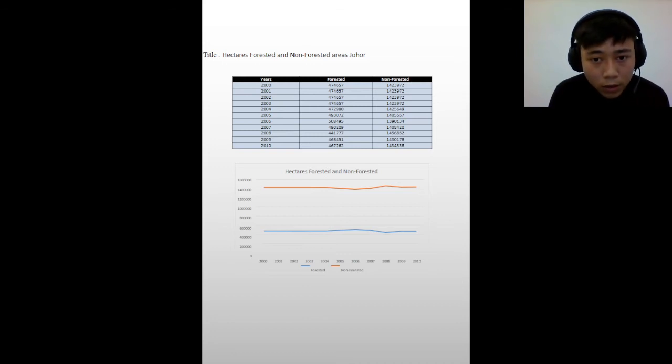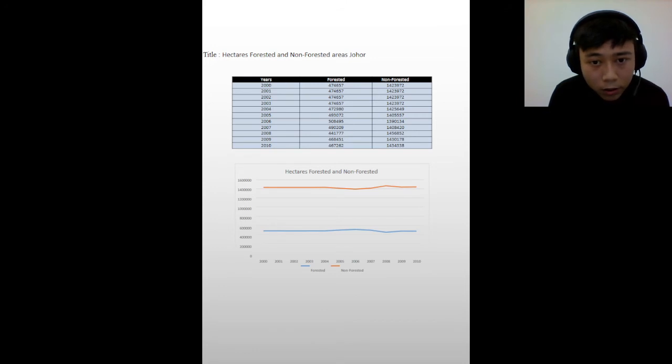In 2006, forested is 508,000, and non-forested is 1.39 million. In 2007, forested is 490,000, non-forested is 1.4 million.